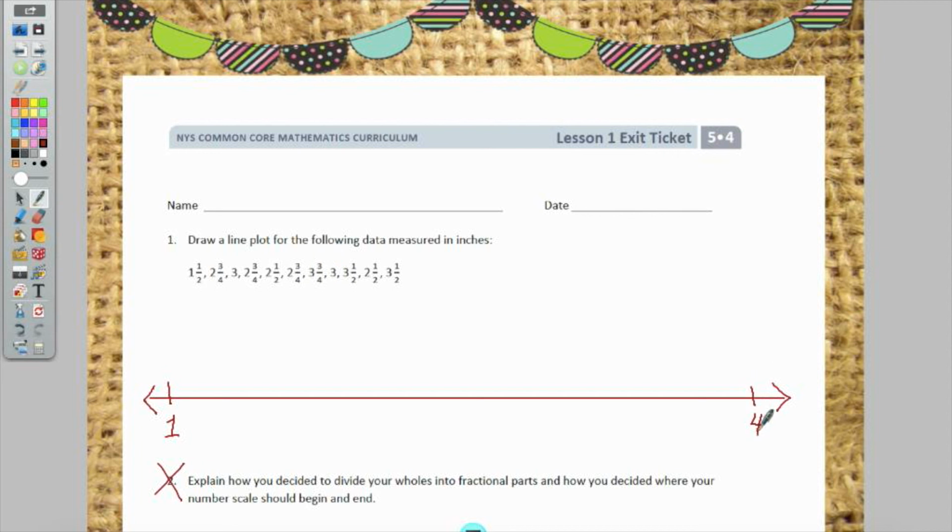So we'll have 4 here. Now let's take a look at 2 and 3. Now I want to help you with this. Did we do a line plot with fourths and halves? I don't think we did. So let's mark halves on here, and then mark the fourths. Now you don't have to label all of these.